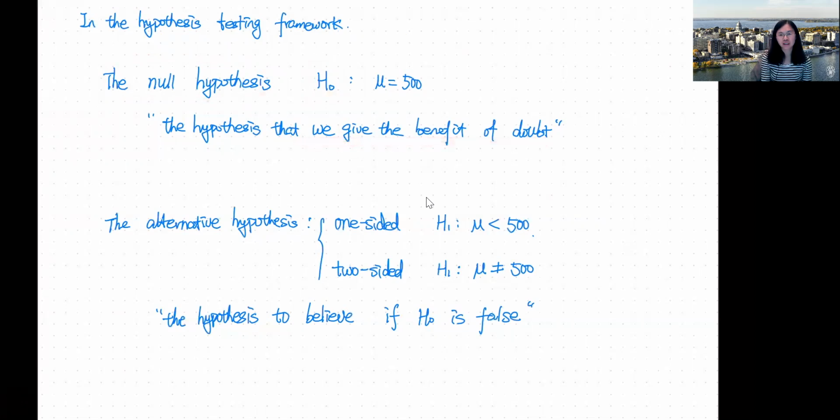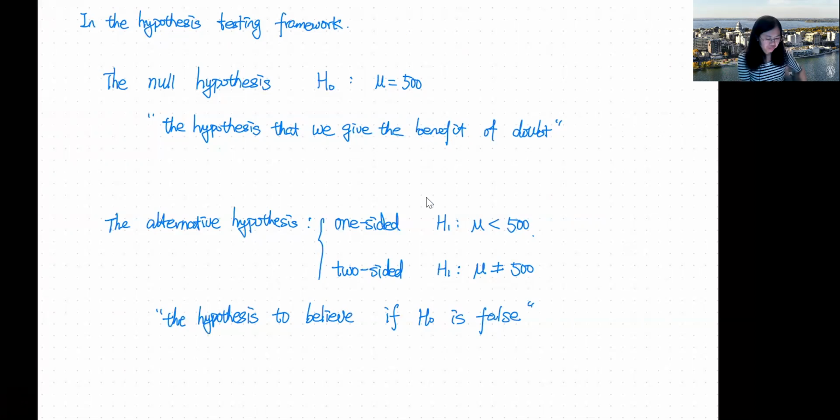In the battery example, the company claims that their average runtime is 500. We want to give them the benefit of doubt, right? Until proven guilty, they are innocent. So until we prove that what they claim is wrong, we believe their claim.